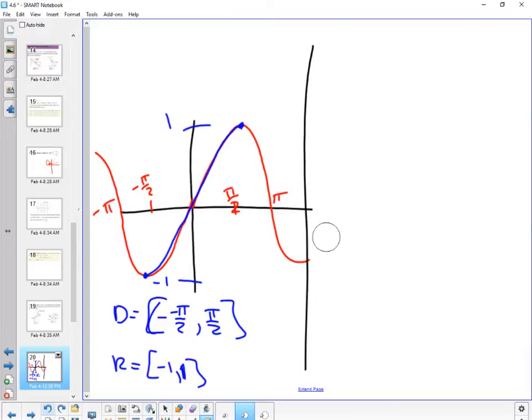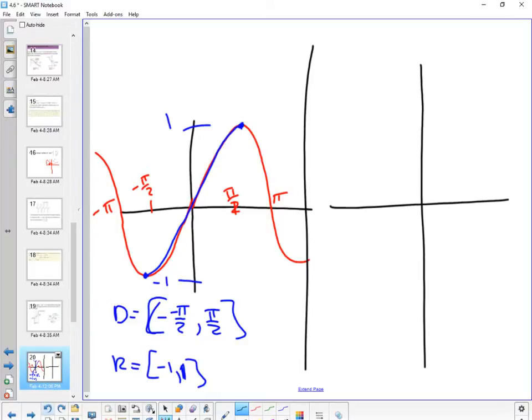Let's look at tangent. Here, this is pi halves, there's an asymptote, correct? Here at negative pi halves is my other asymptote, correct?